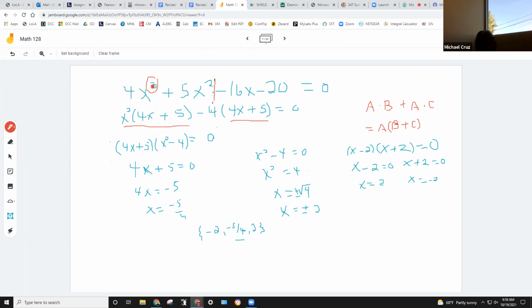You'll never find any more solutions than the highest power, or what's called the degree of the polynomial. This is called a polynomial of degree 3. So that's why we're looking for 3 solutions. Does that help on that one?